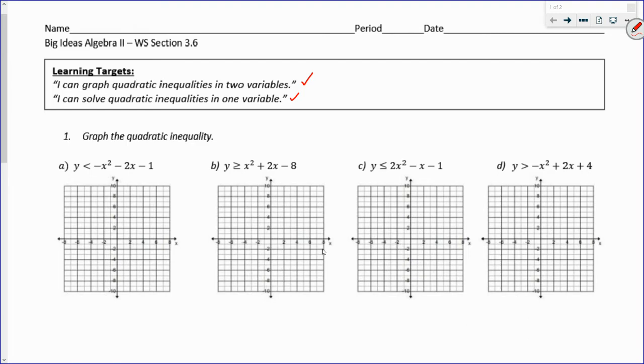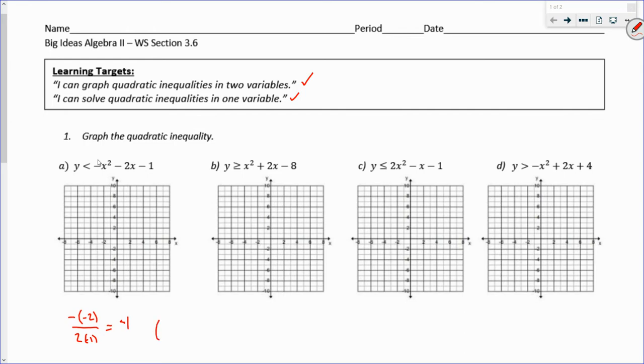So the first goal is you got to be able to graph the quadratic inequality. Number one. I know that's in standard form, so I'm going to go negative b over 2a. We get negative 1 there.